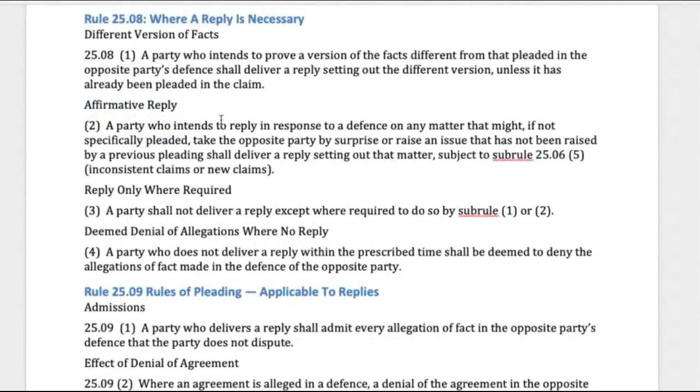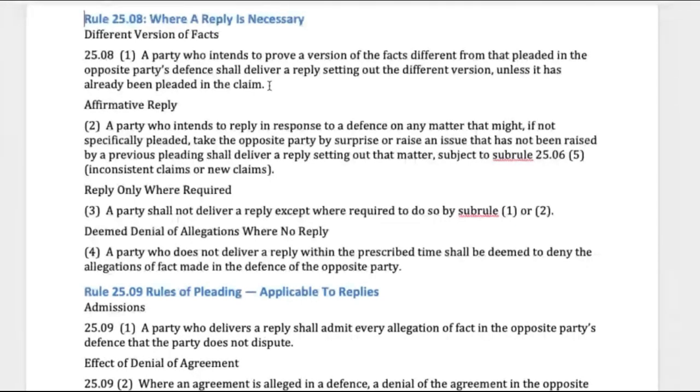25.08. The reply is allowed when a party, the plaintiff typically, intends to prove a version of the facts which is different from that pleaded in the opposite party's defense, if and only if those facts have not already been pleaded in the claim.